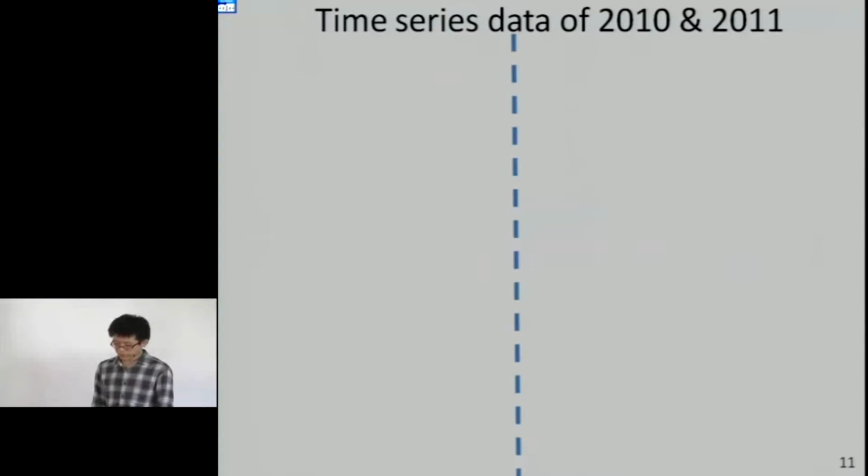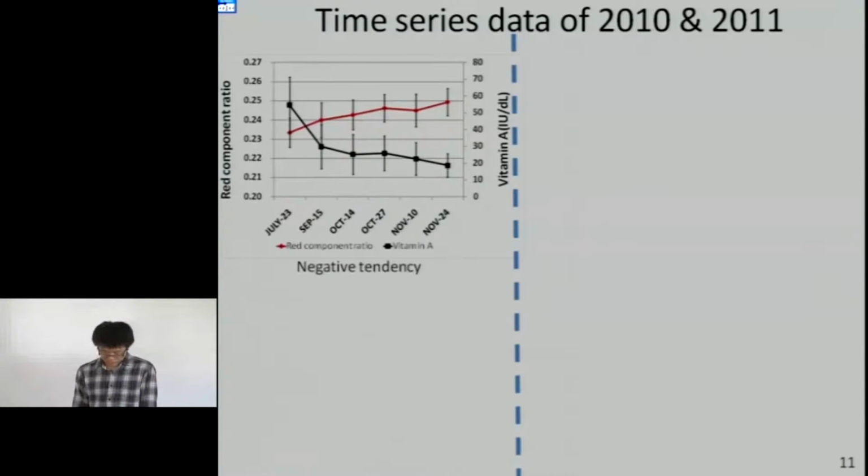So to compare with the previous result, I show the previous result on the left side. In 2010, we conducted the same experiment from July to November. In this period, you can see when vitamin A is decreasing, the red component ratio is increasing.